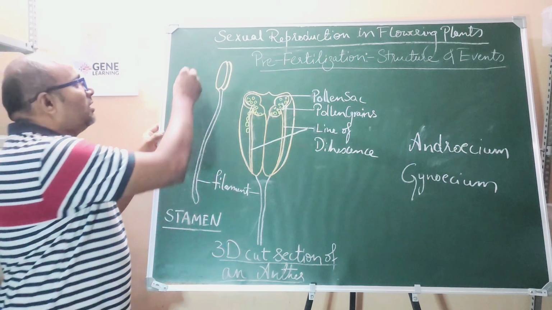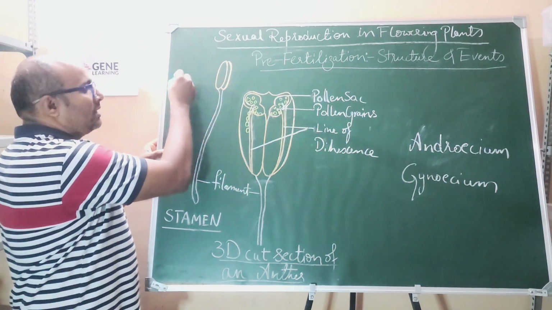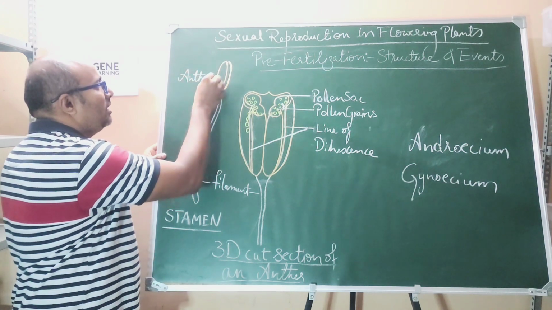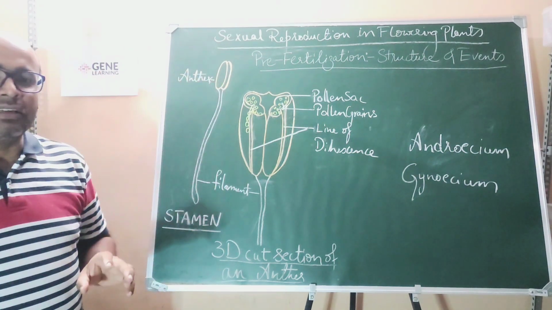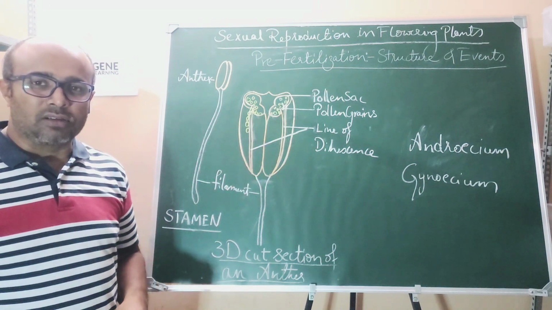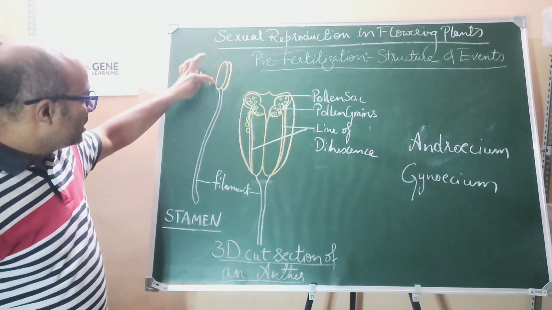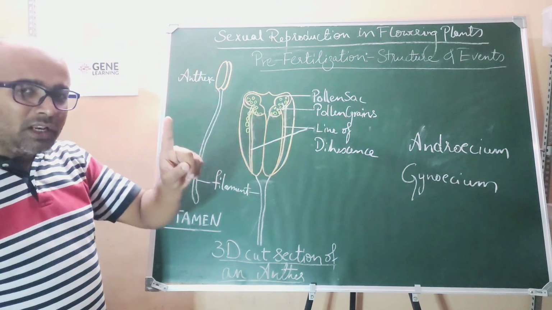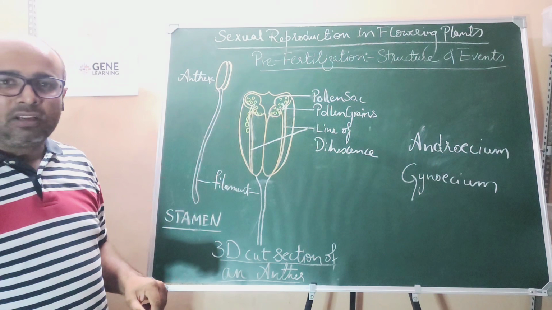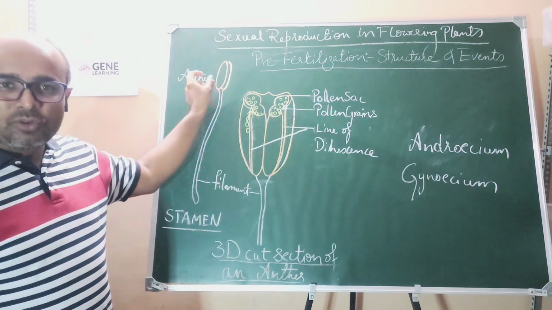Now, when we talk about anther, a typical anther is a bilobed structure. What do I mean by a bilobed structure? Here you see this lobe, this is one lobe, and the other one is adjacent to it. Both are attached to each other.